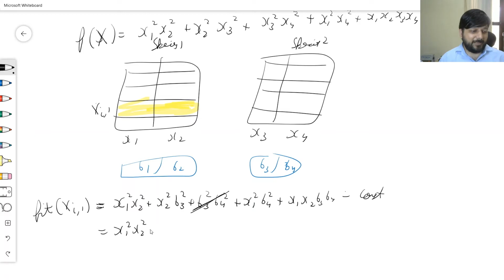So now you see that the problem is no longer independent of b3 and b4.